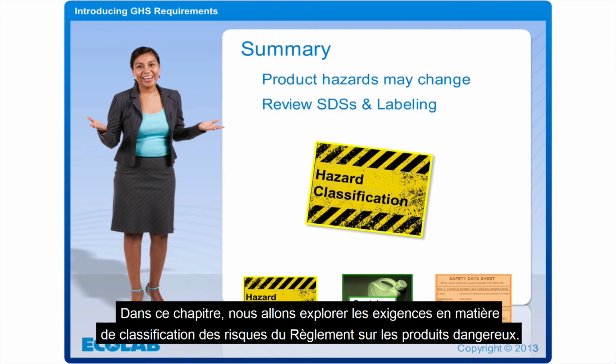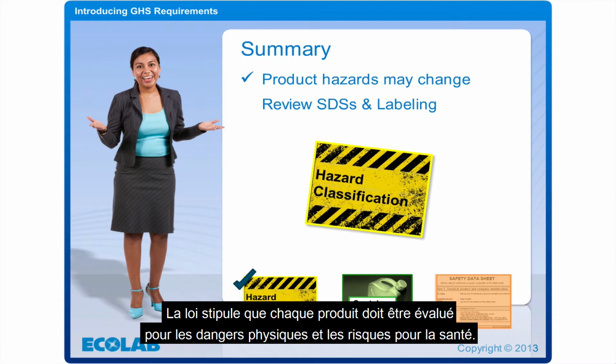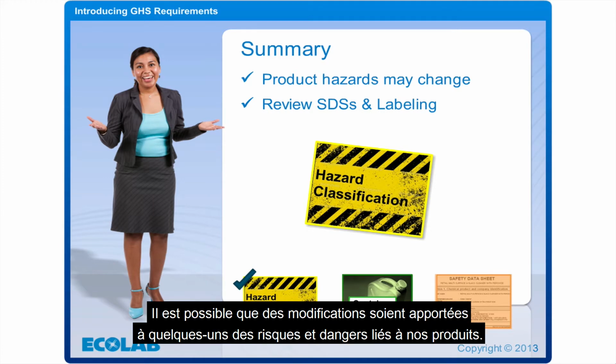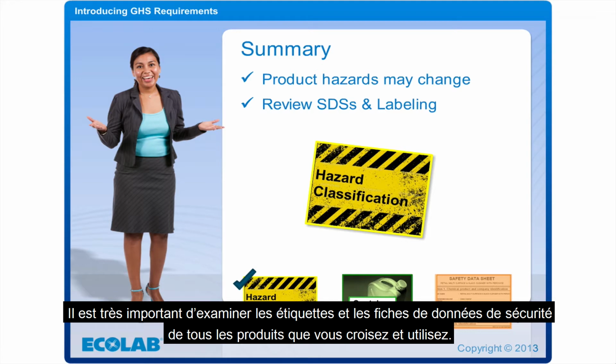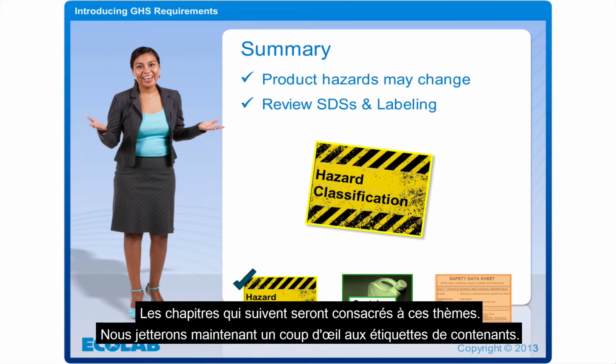In this section, we explored the hazard classification requirements of the GHS regulation. This requires that each chemical product be evaluated for both physical and health hazards. As a result, some product hazards may change. Reviewing the labels and the safety data sheets for all the products you encounter is important, and the topics of the next couple sections. Next, we'll look at container labels.